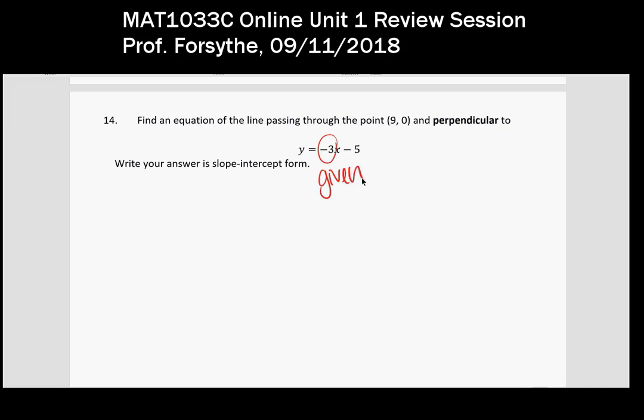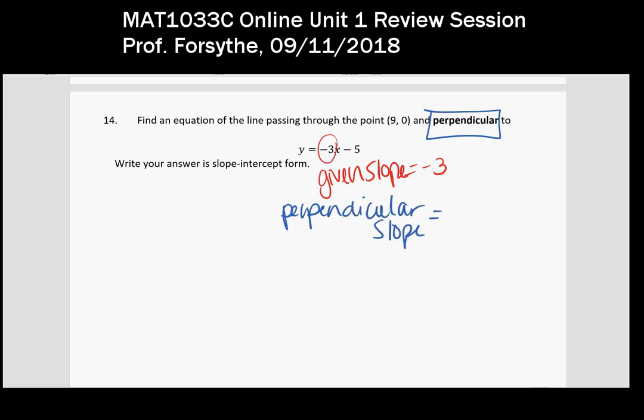That's the given slope. We want the perpendicular slope. So the perpendicular slope, we're going to flip 3 into 1 over 3, and we have to do the opposite sign. So it's going to be positive 1 over 3.